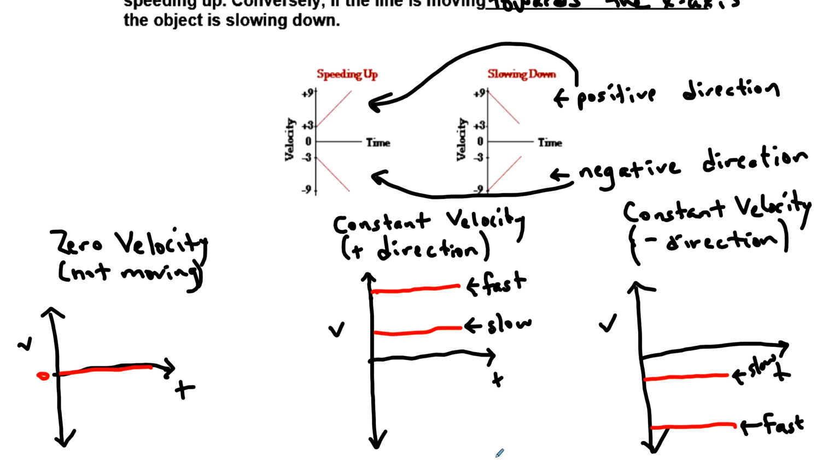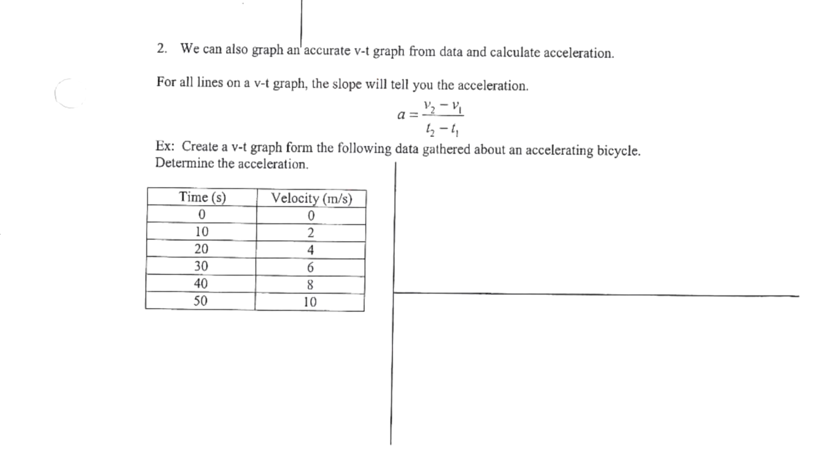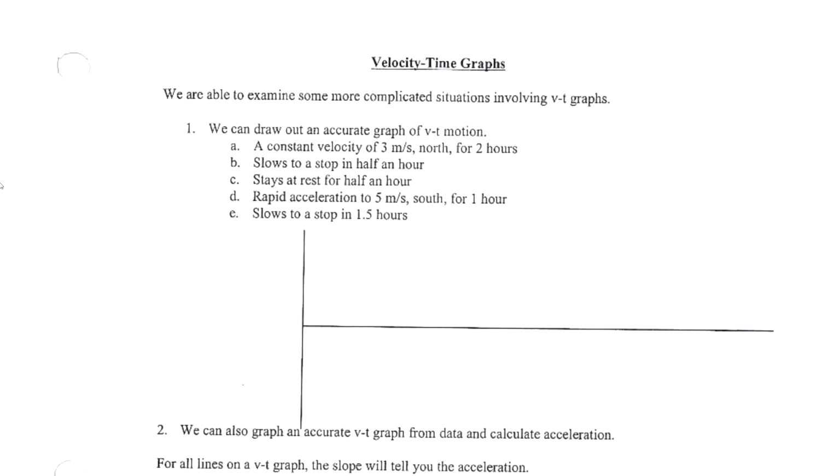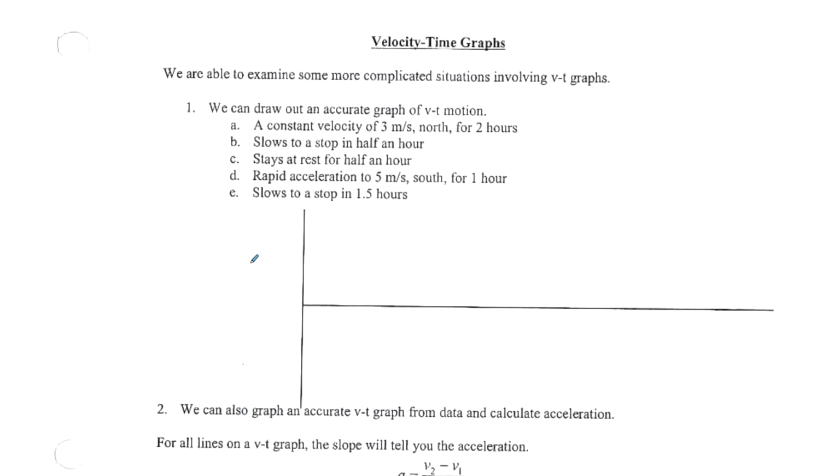The last thing I'm going to show you in this video is some examples in which we're looking at a variety of different motions within the same graph, and then we're going to end with some slope calculations. Here we have a bunch of different things happening.